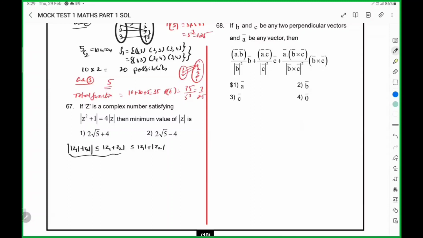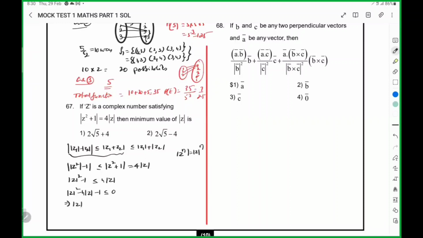So if you take this, mod of Z square minus 1 is less than mod Z square plus 1, which is given as 4 times mod z. Mod z power n is mod z whole power n. In one case, it is less than 4 mod z, so mod z square minus 4 mod z minus 1 is less than 0.